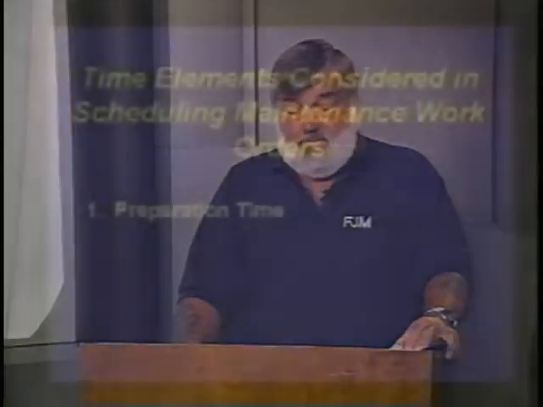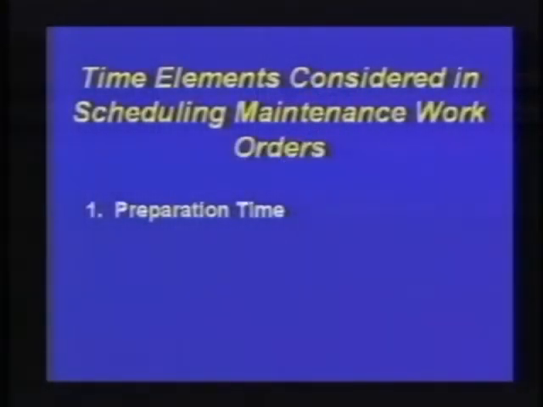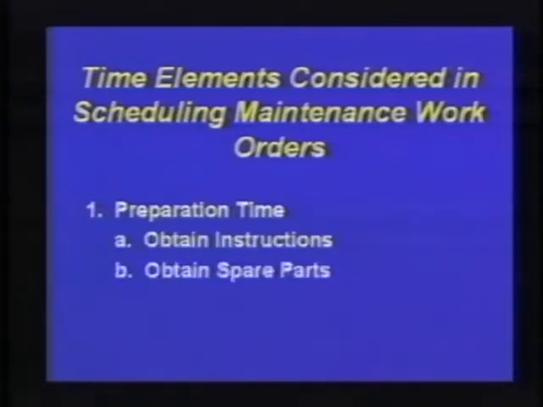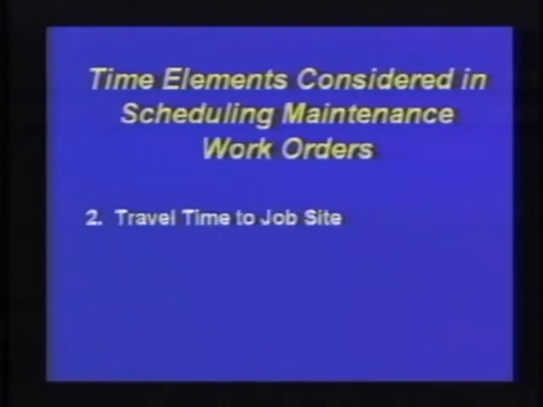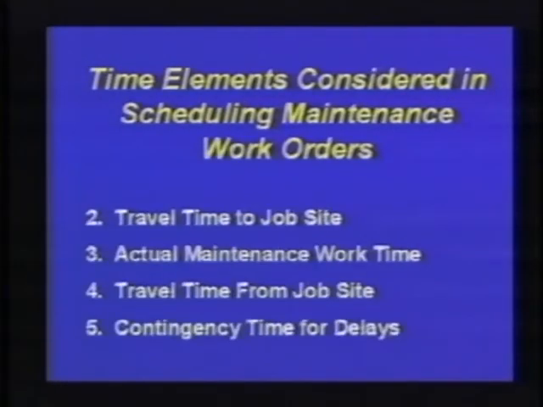Now, 1, preparation time. Get the instructions, the parts, the tools, and the equipment. Okay. 2 is the travel to the job site. The actual maintenance work is for travel from and then the contingency. The planner scheduler would estimate steps 2, 3, 4, and 5.